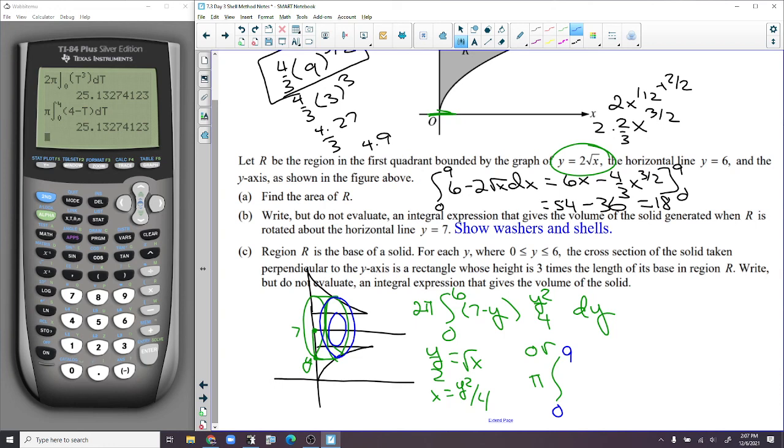So I would need this radius right there. Here's the long one, which is 7 minus 2 square root of x, squared. Big radius minus the little radius would be 7 minus 6. So just 1 squared dx. Like that. It's between 2 lines, so that radius won't change. That'll be the same all the way across.